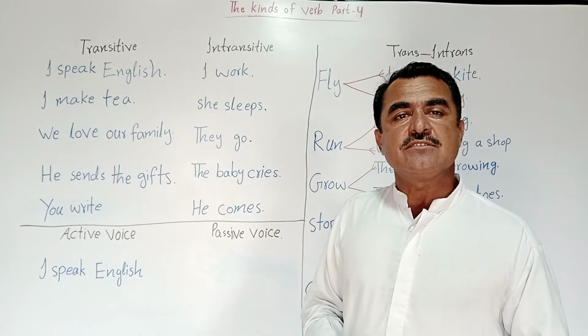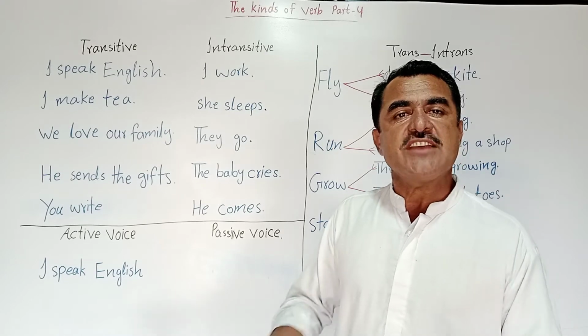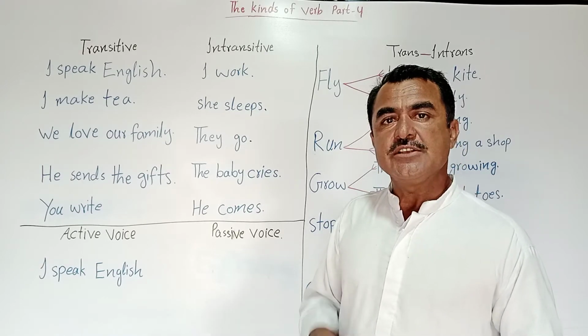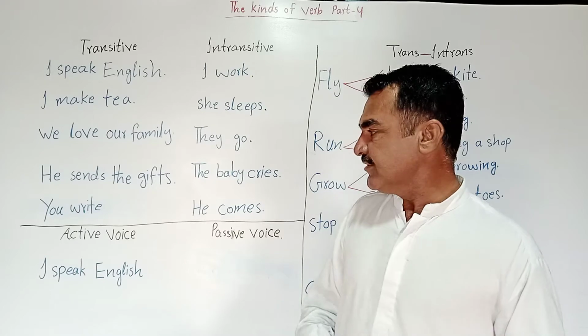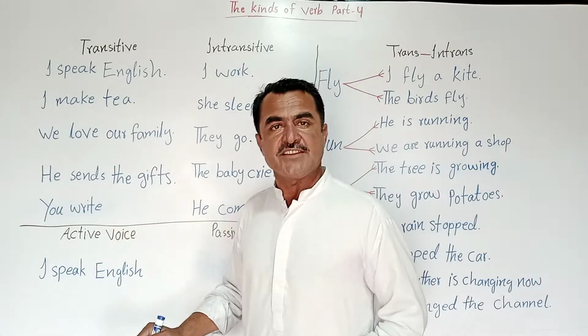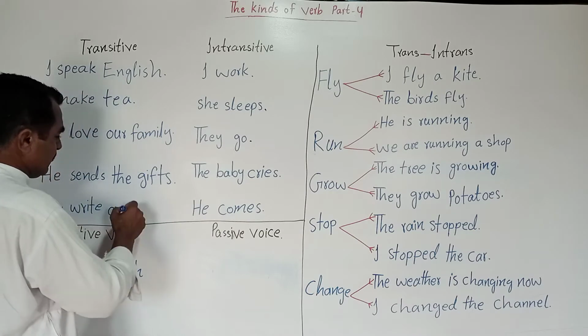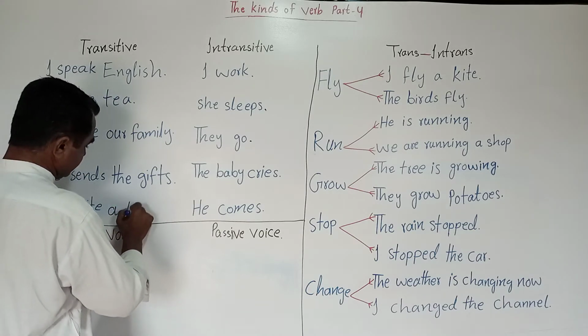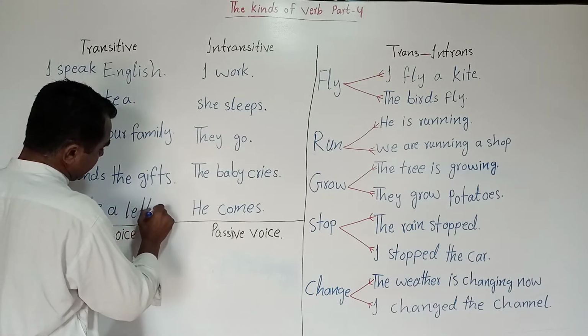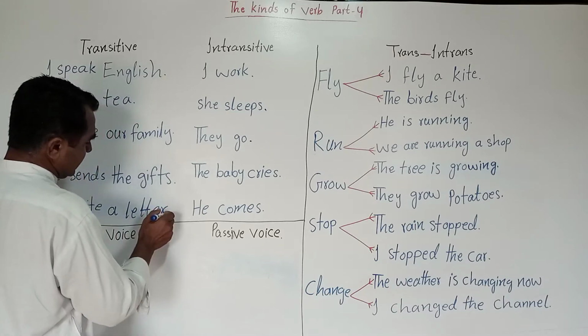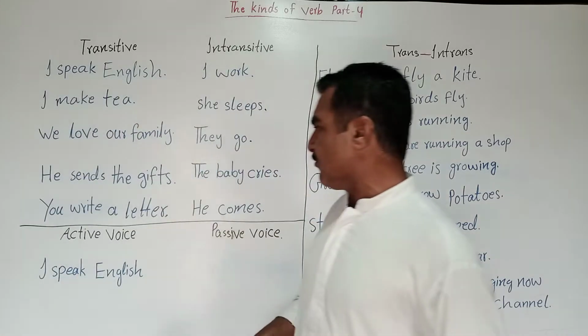You write what? You write who? You write what? You write a letter. Now, this is an article, and this is the object of the verb.